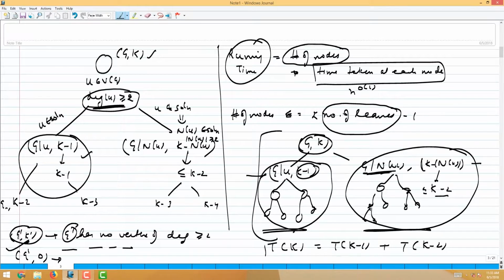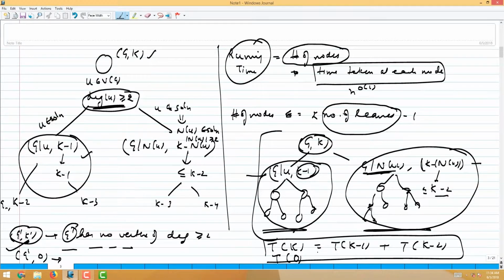So are you convinced that the total number of leaves in this branching tree, we can write this recurrence? When writing a recurrence, you have to write a base case also. So what is T_1? Or let us say T_0. T_0 corresponds to the case when you have a graph with k equal to 0.